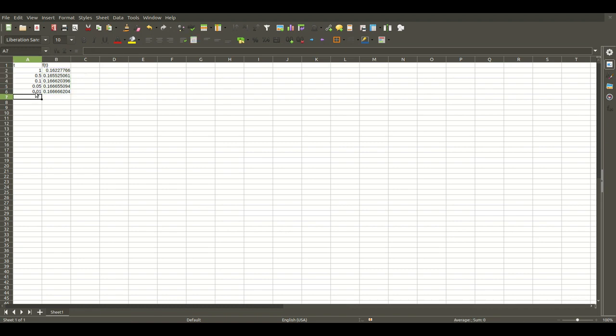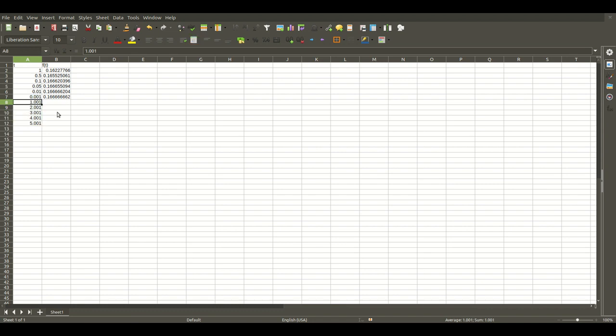And if we go 0.001, an extra 0, we can get another value. But if we continue to make this number smaller and smaller and smaller, oh, that's not what I wanted.